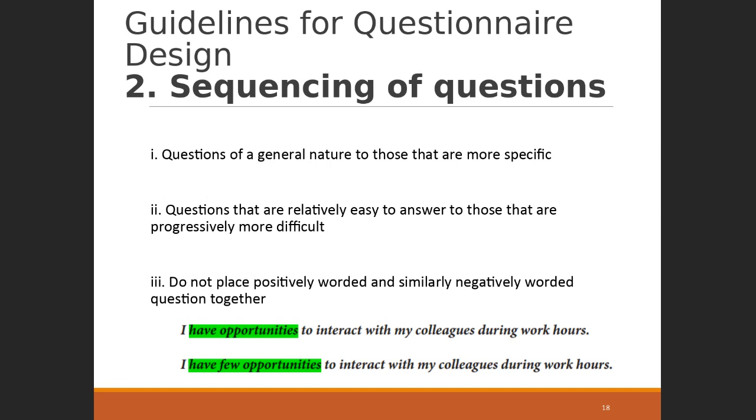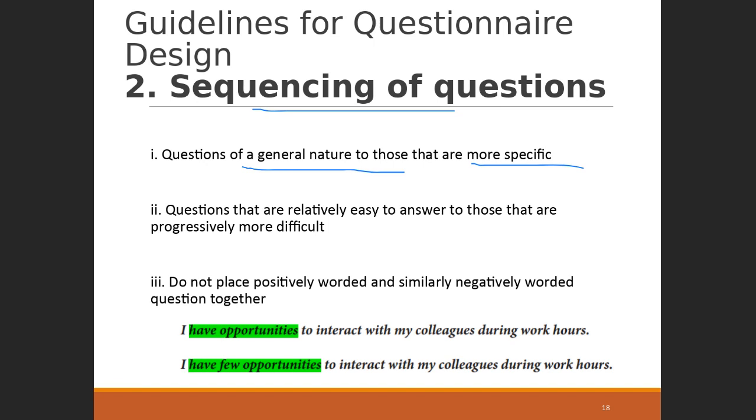The second important guideline for your questionnaire design is the sequencing of your questions. Questions of a general nature should be asked first, and then you can ask more specific questions after that. And those questions which are easier to answer could be asked first, and then more difficult questions could be asked.